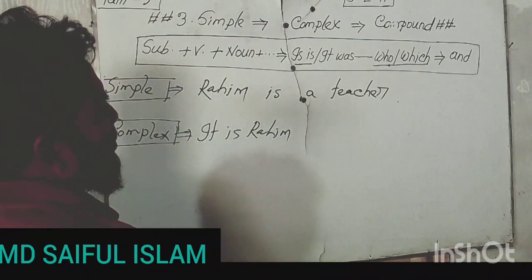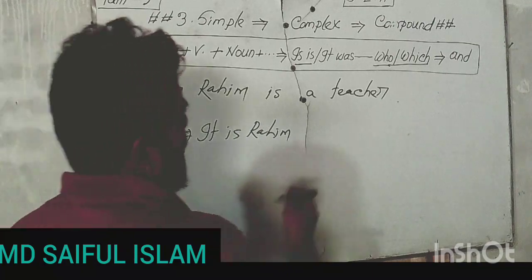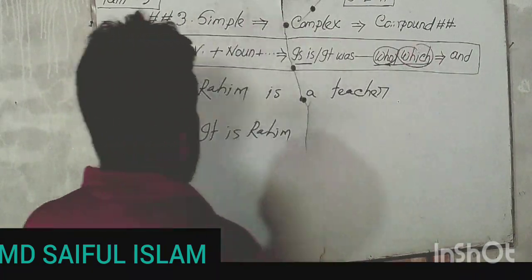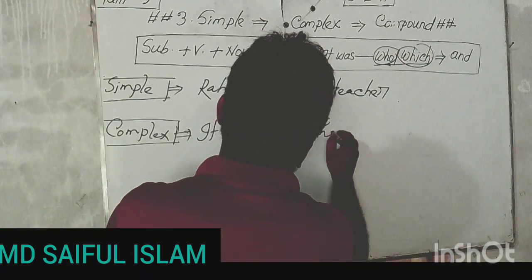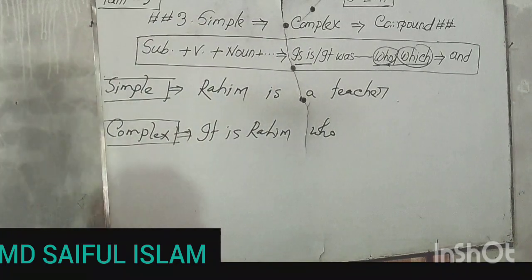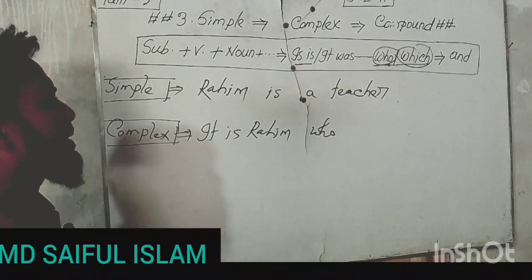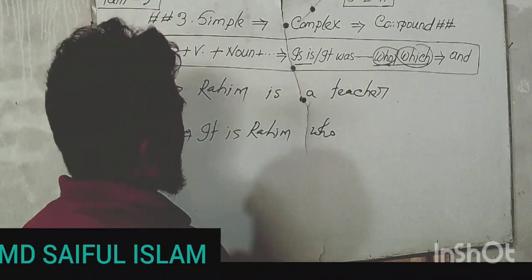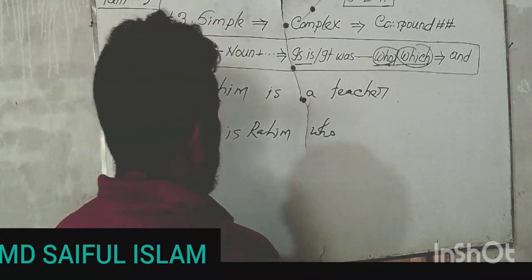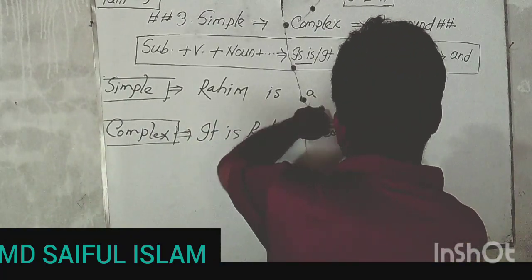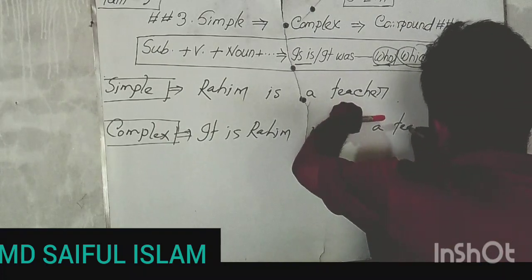Now, what should we have to use? Who or who is? Of course, who, because here the subject indicates a non-personal subject. If the subject is a personal subject, we should use who. Middle of the statement. Thank you very much. And the extension of this statement: who is a teacher.